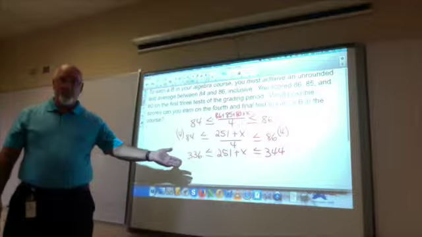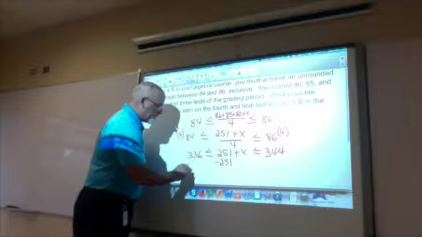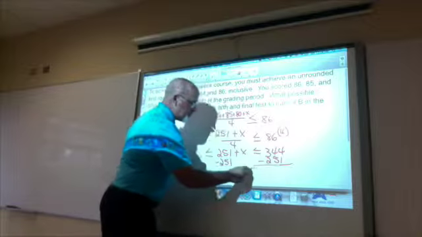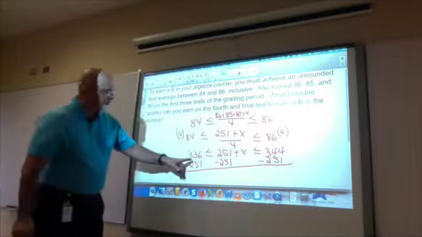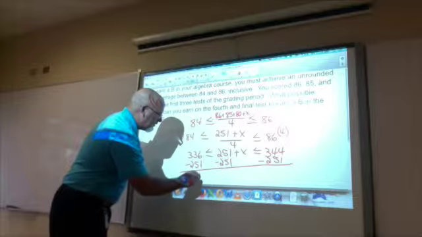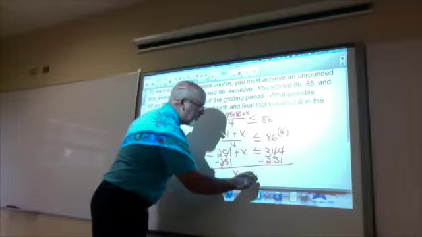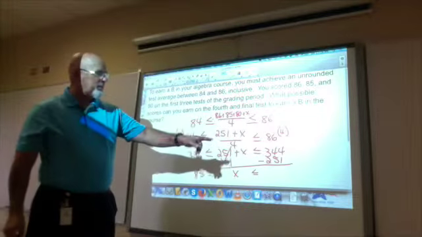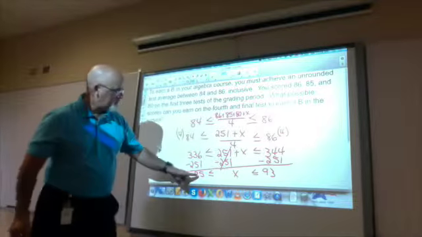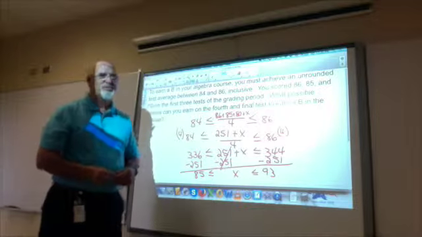We need to get rid of the 251, so we go minus 251 on all sides. And that leaves us 336 minus 251 is 85. It's less than or equal to, that cancels out, you're left with x. And 344 minus 251 is 93. So as long as you make between an 85 and a 93, you'll have a B in your algebra course.